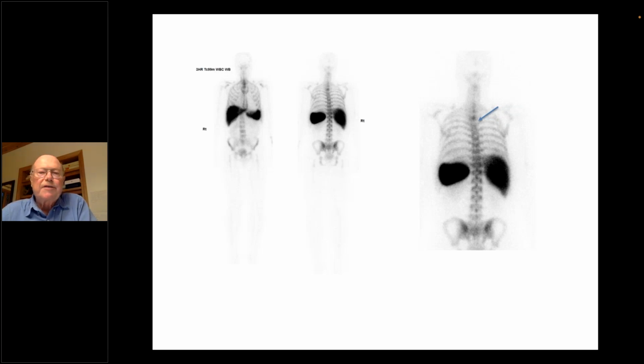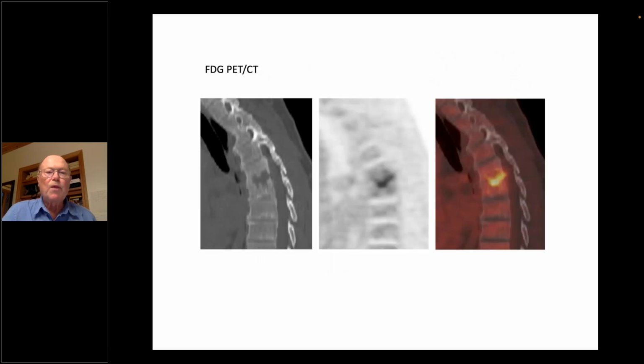It wasn't recognized at the time, and SPECT CT wasn't done. But the patient developed back pain, and MR showed clear spine infection.